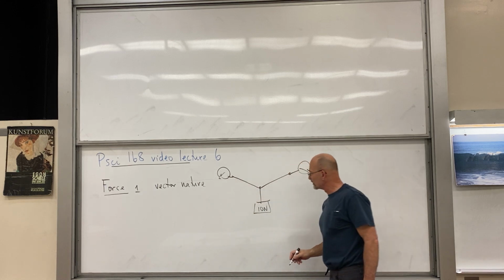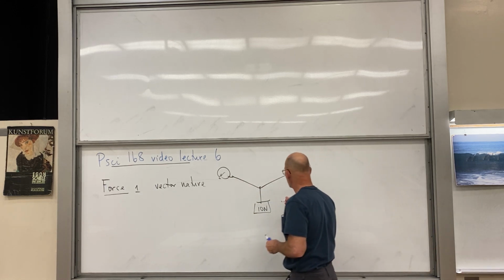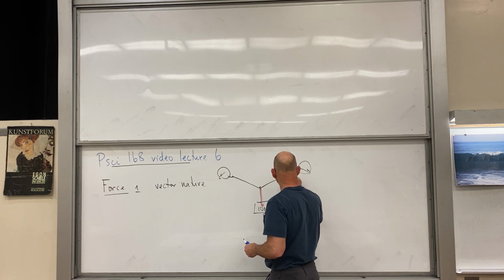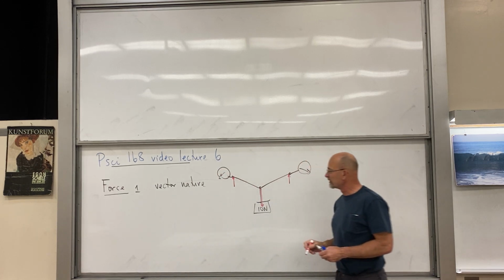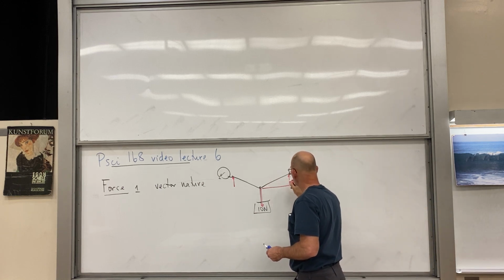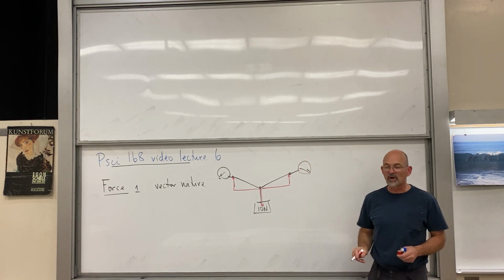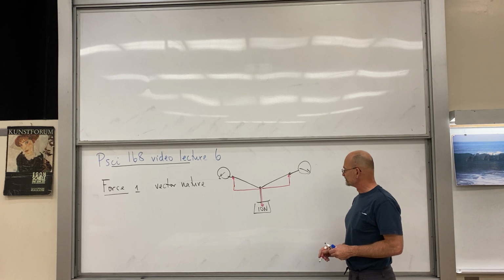Just like in our demonstration, we know that this 10 newtons here corresponds to 5 and 5. And because the forces add like arrows, these geometric triangles also correspond to force triangles.